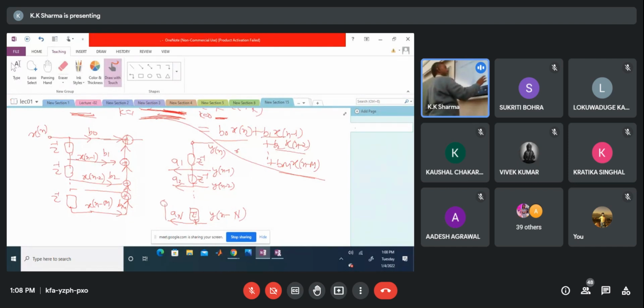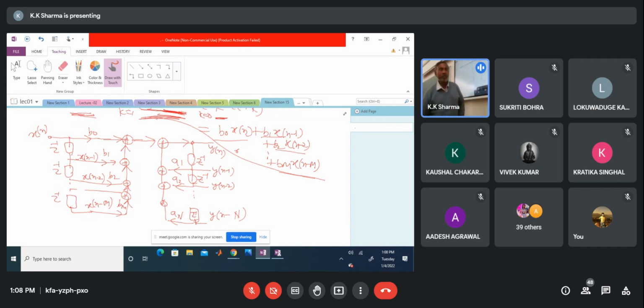Now I will add them two at a time, using an adder for adding all these numbers. Whatever is the output here will be added, and I will obtain my y.